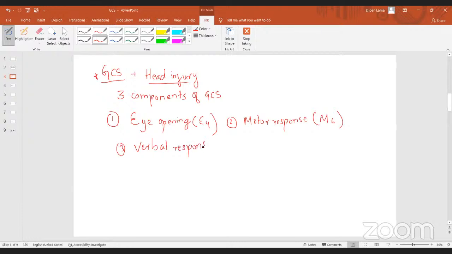So verbal response, V in Roman is 5. So V5. So E4, V5, M6. We should know E4, V5, M6. This is very, very important. So let's go into a little bit of detail.